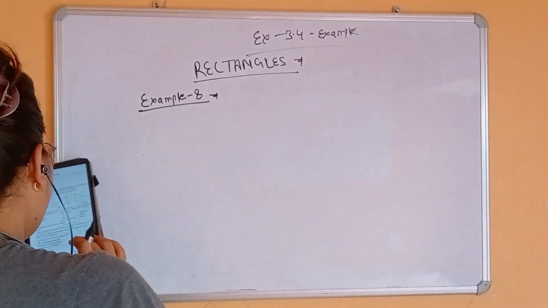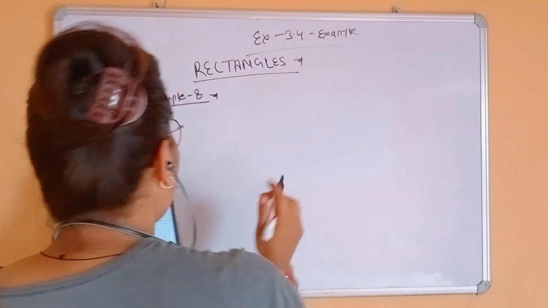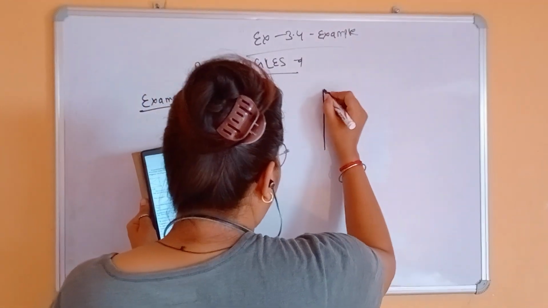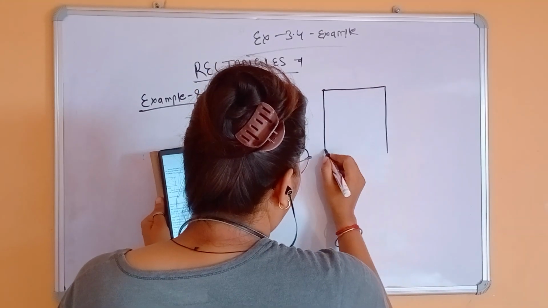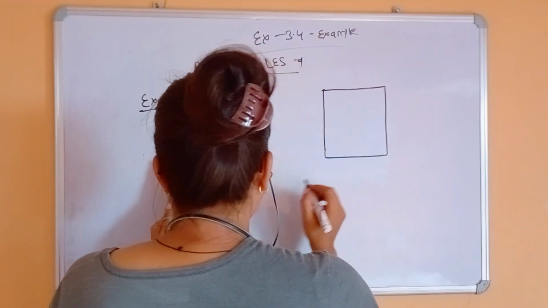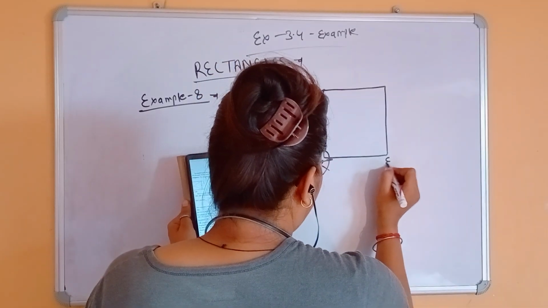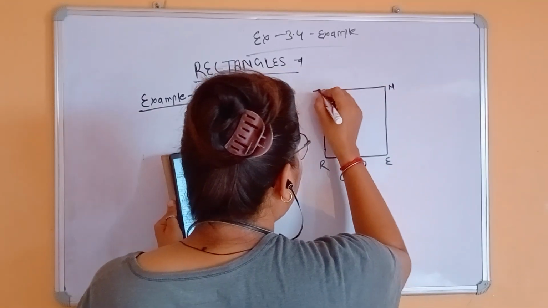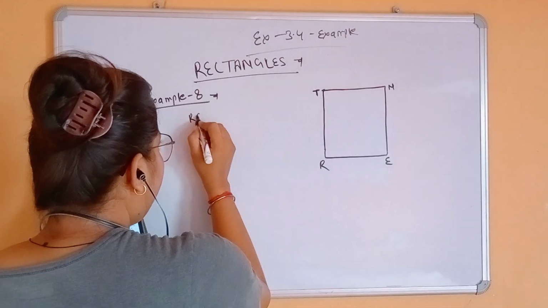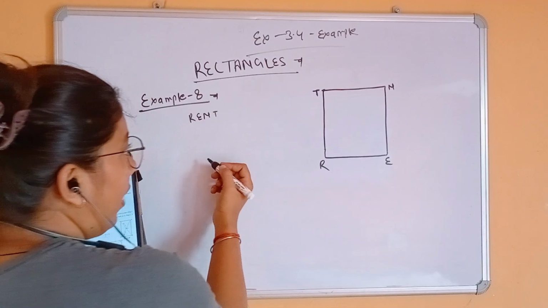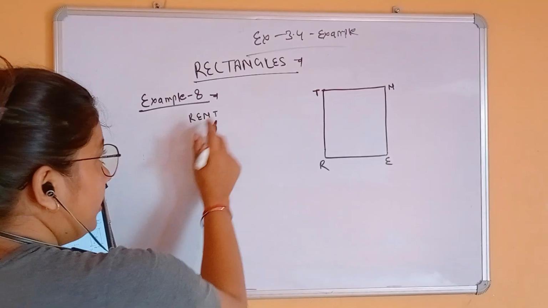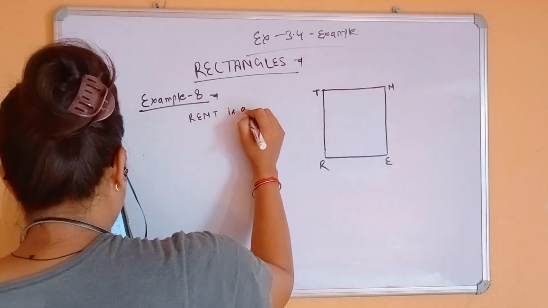What is example 8? RENT is a rectangle. So here we draw RENT according to this figure. That is very important: RENT is a rectangle.